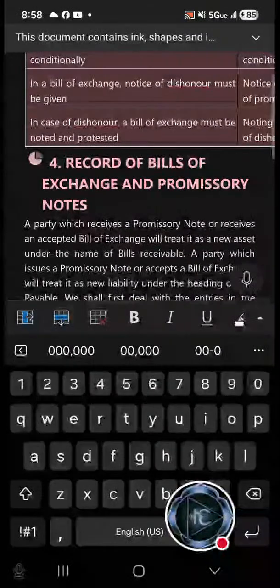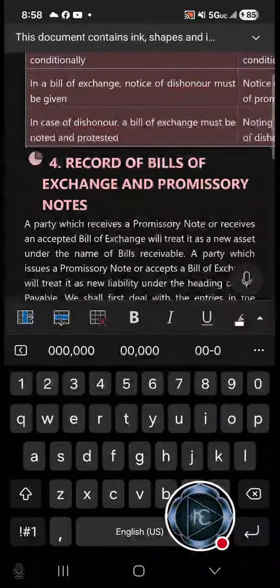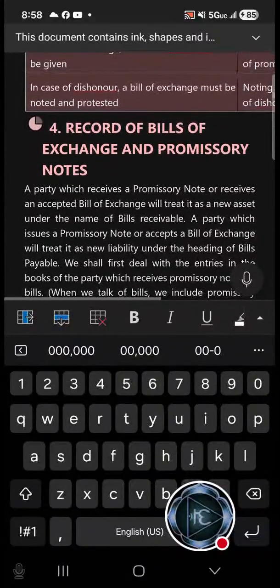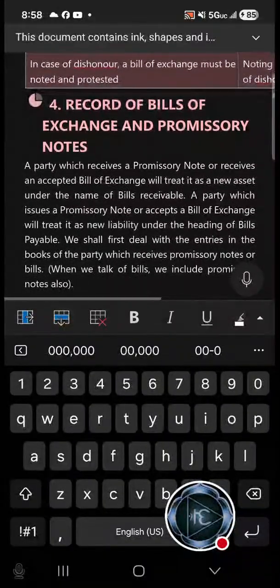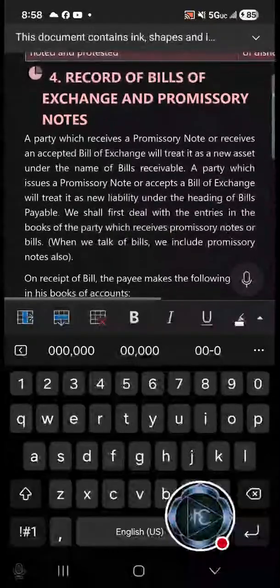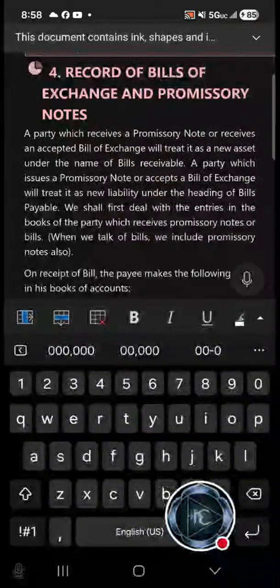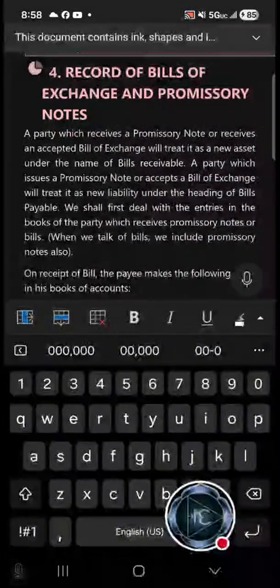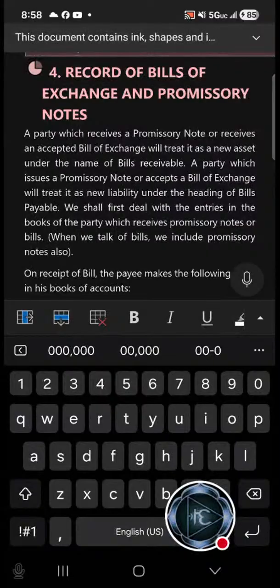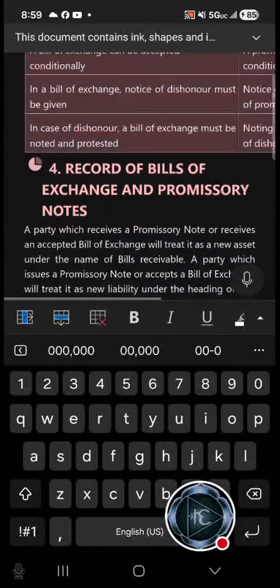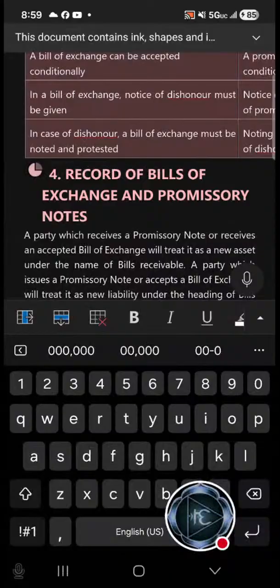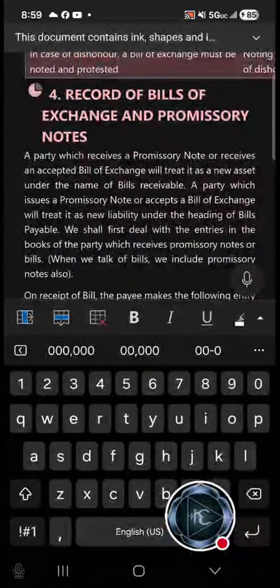In a bill of exchange, notice of dishonor must be given. In case of dishonor, a bill of exchange must be noted and protested. And that's what we do in the learning: how to build a case based on notice of dishonor in cases of conflict of interest or breach of contract.